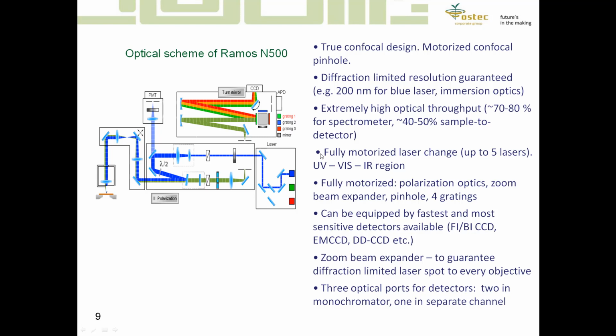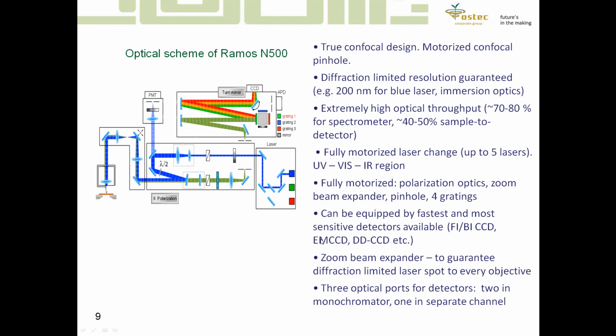And we can easily change by software up to 5 lasers, which are automatically changed by motorized filters and shutters in the entrance unit. Also, gratings, polarizations, and beam expander are also fully motorized. And the system can be equipped with several detectors. It can be CCD with front or back illumination.